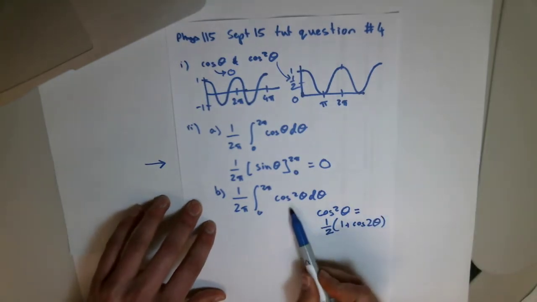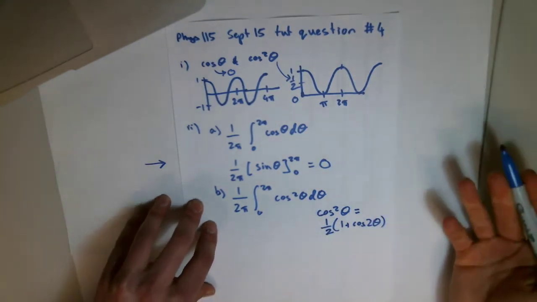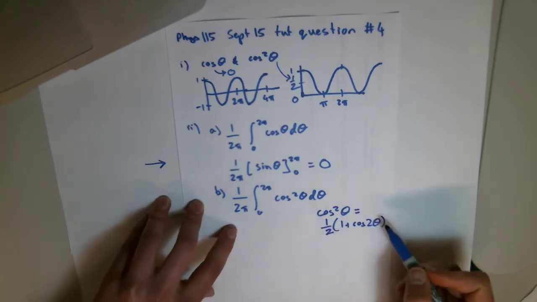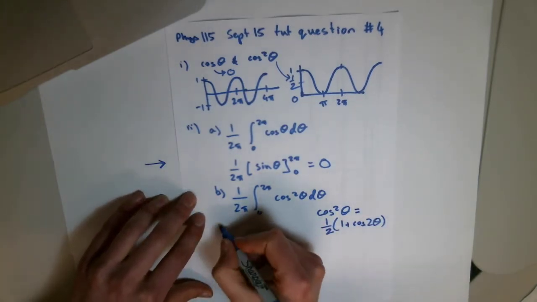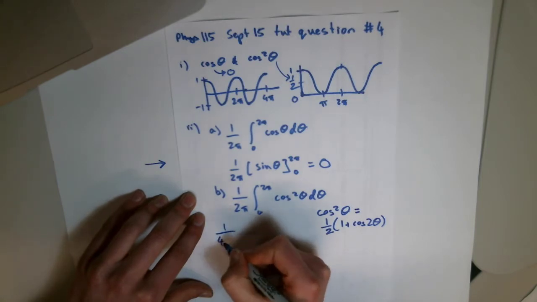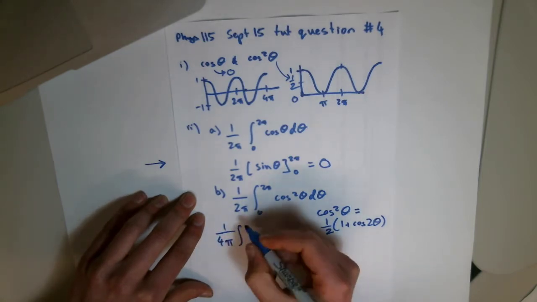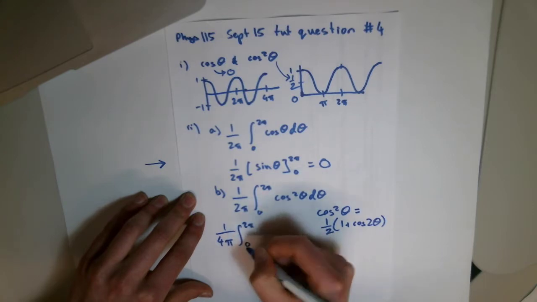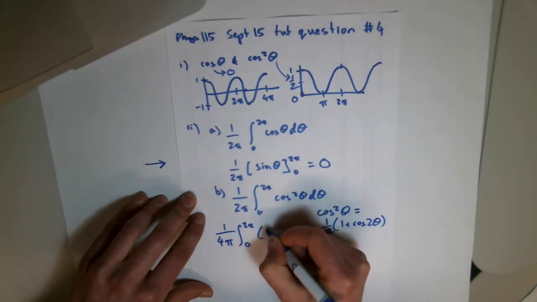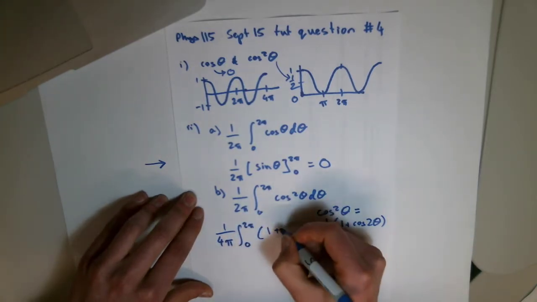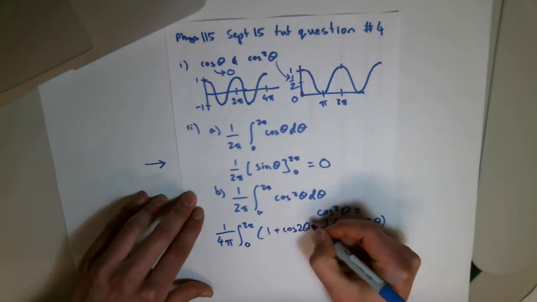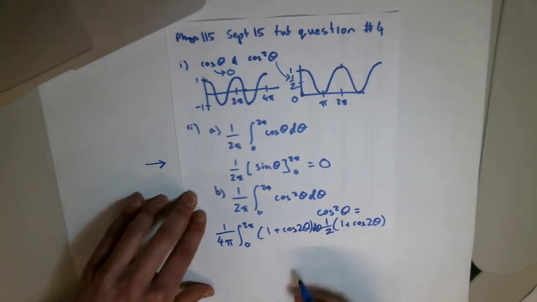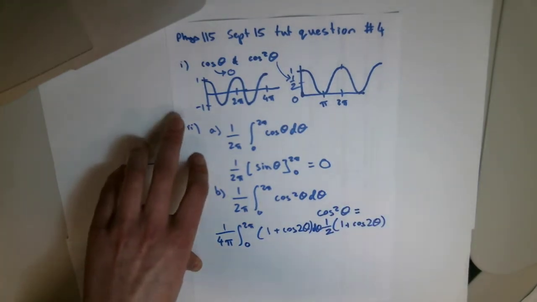And this is really nice because it allows us not to have to integrate that, even though that's not too hard. So if we replace that, the half is going to come out here, and we're going to end up with a quarter, 1 on 4 pi, integral from 0 to 2 pi of 1 plus cosine 2 theta d theta, and we can just integrate that.